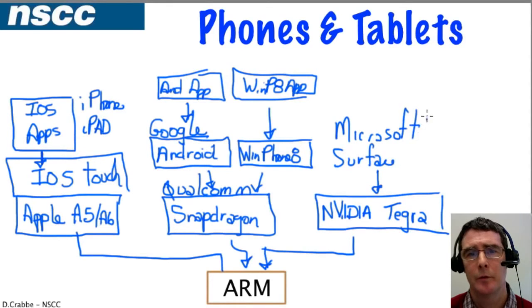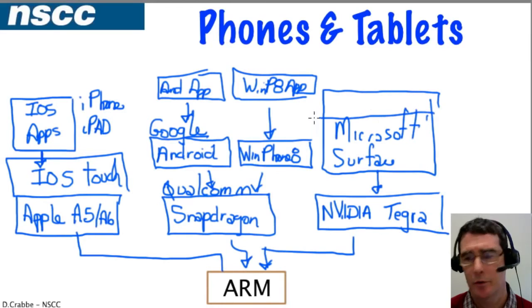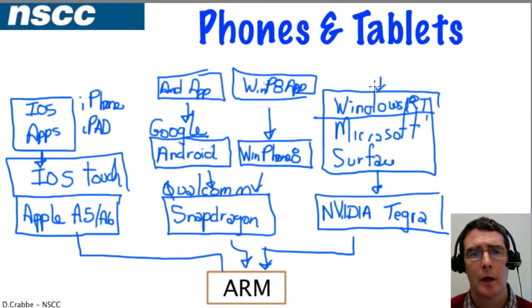It is used in the Microsoft Surface, but the Surface uses what is called Windows RT as the operating system, and we're going to talk a bit about Windows RT. And we're going to talk a bit about the apps that have to run here.